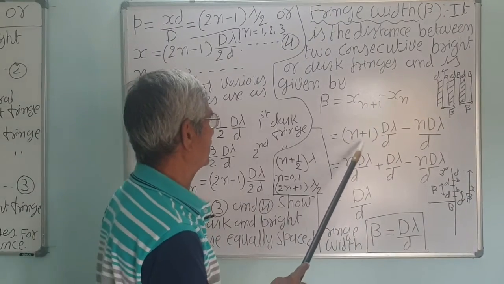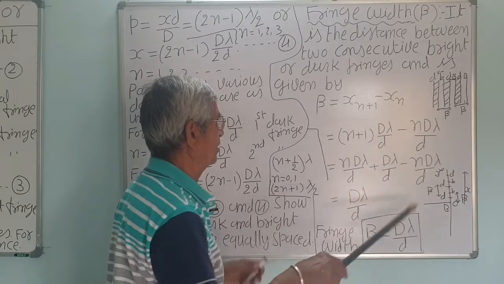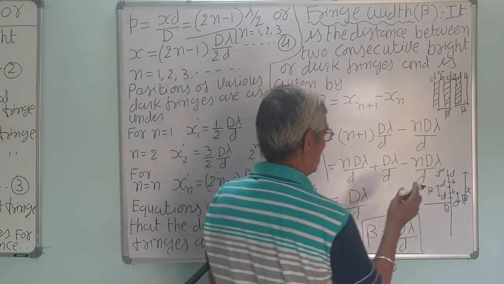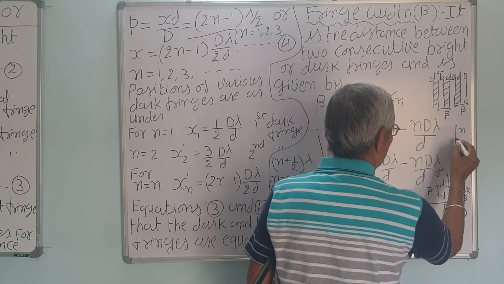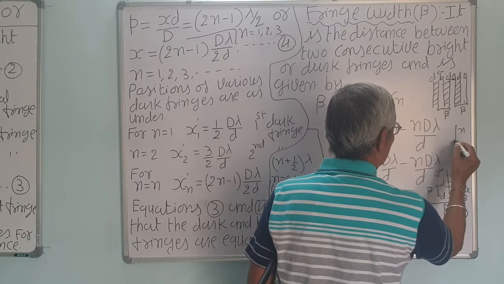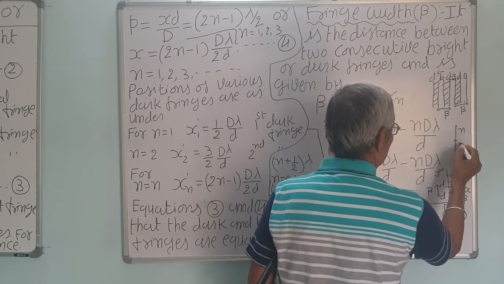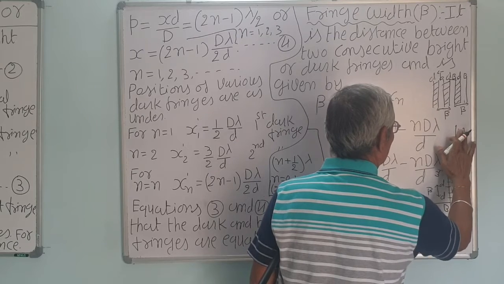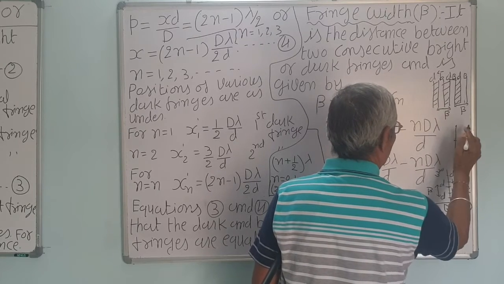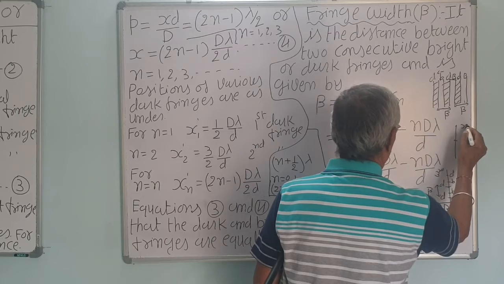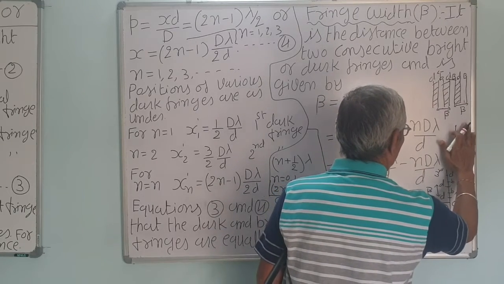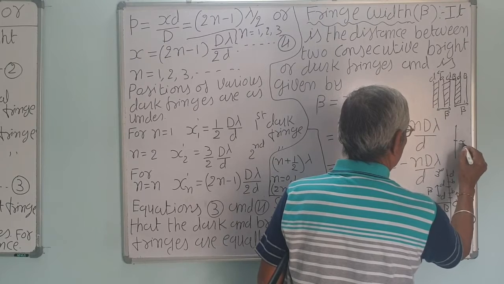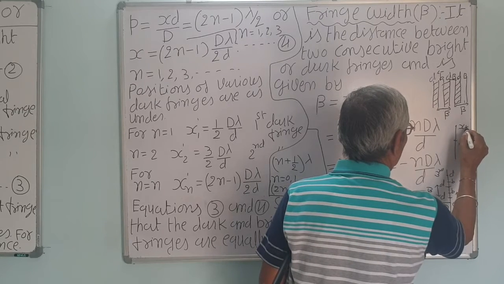So that is n plus 1 D lambda upon d minus n D lambda upon d, correct. Suppose this is the n fringe, dark or bright fringe, and this distance is x, and this is x plus 1.